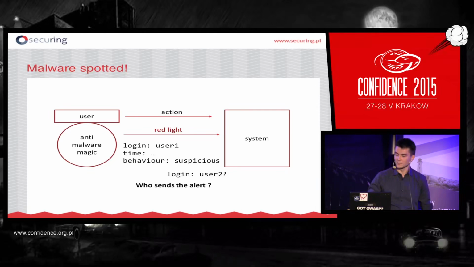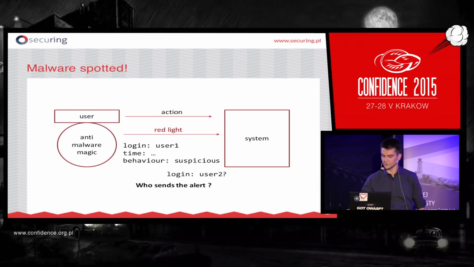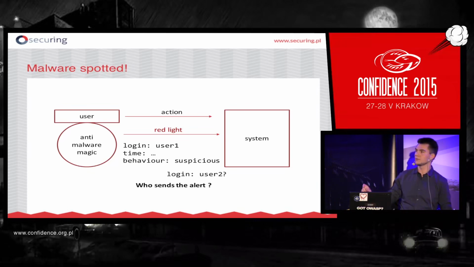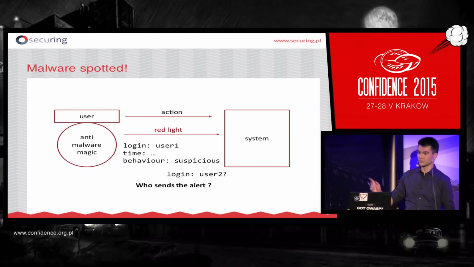For example, manipulate this request. If the browser sends the request of the alert, why not change it and say, okay, this machine is not infected. It's the machine of user 2 who is infected. And actually, it worked pretty well. So in the admin interface, when we viewed the logs, you could see that there was no suspicious activity from user 1, but from user 2.